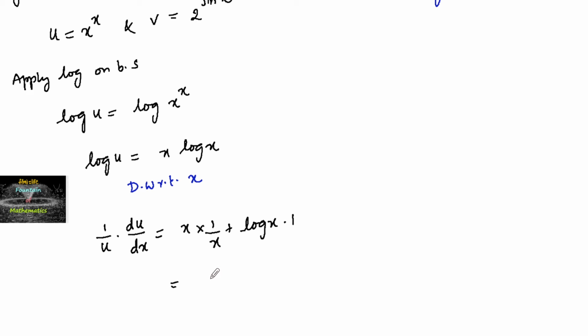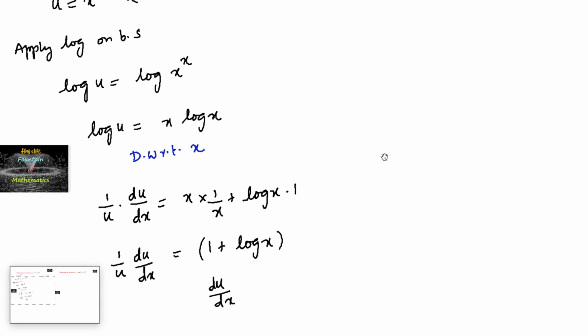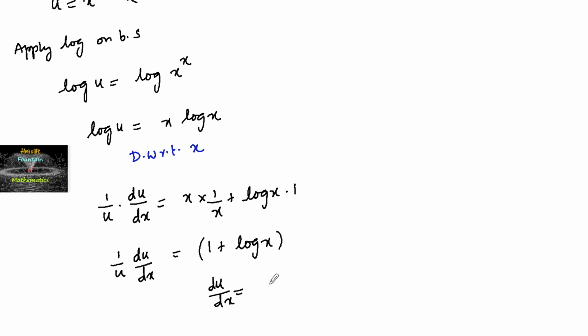So we can write this as 1 plus log x. That's 1 upon u du by dx. So du by dx is equal to, cross multiplying, u is nothing but x to the power of x, times (1 plus log x).